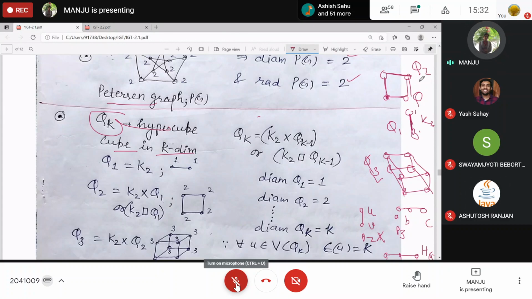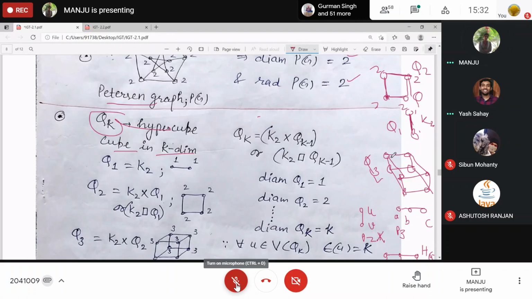What about Q2? 2. Distance from this to this is 1, this to this is 2. So the maximum possible is 2. And all the vertices have the same property, so it is 2 for all. And in Q3, it will be 3.